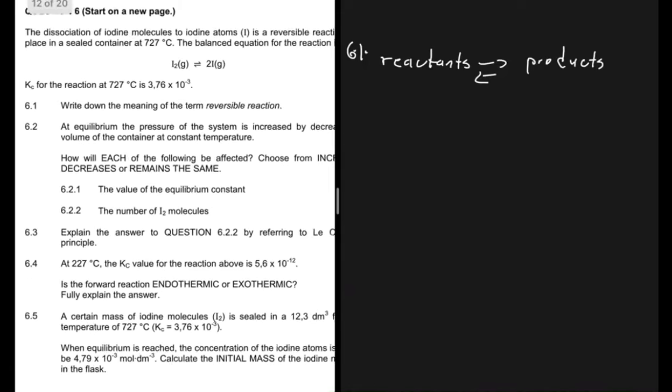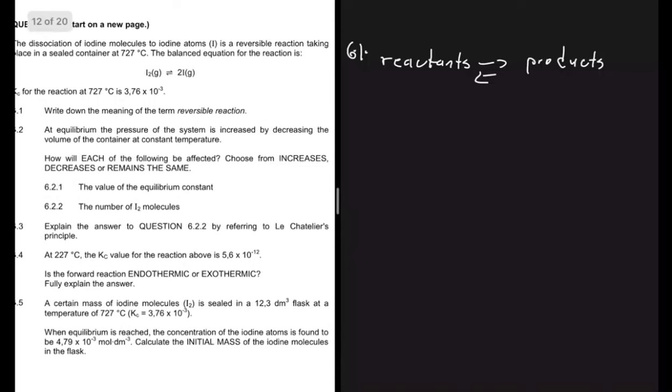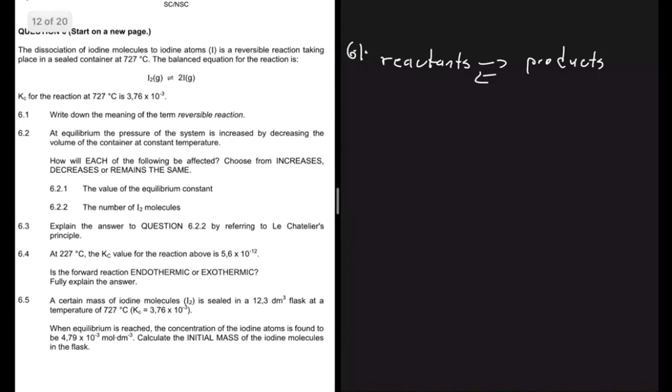A reversible reaction is a reaction in which not only do the reactants form the products, but the products also form the reactants, right?